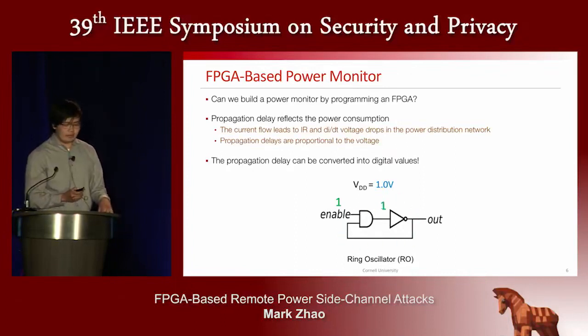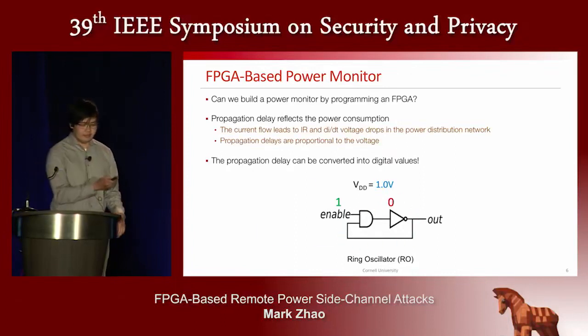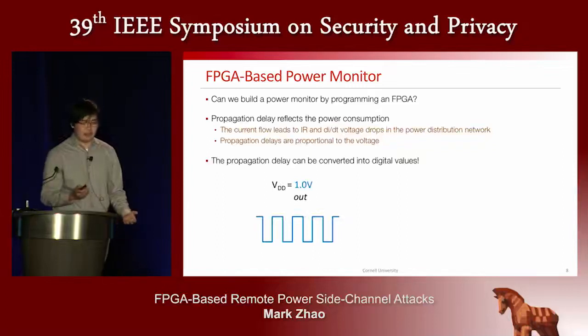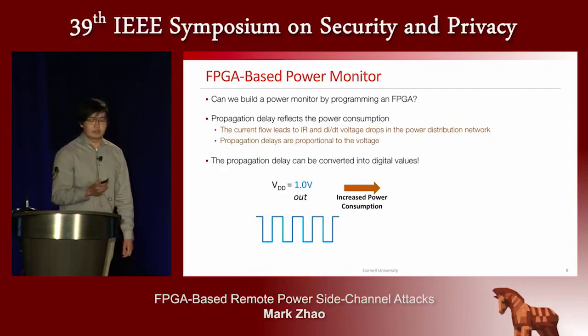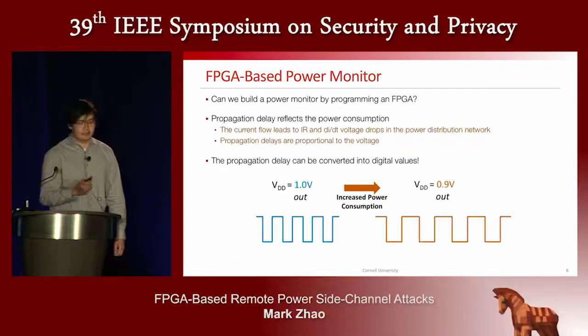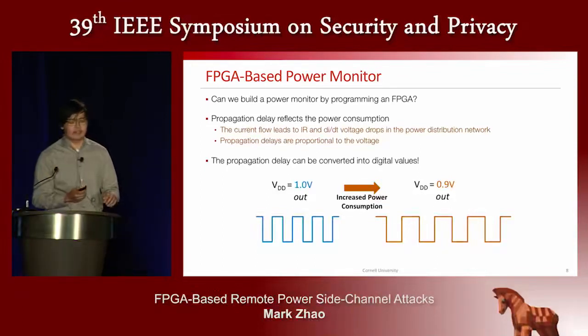So if we simply look at the output, it looks like a square wave. The insight is if there is more power consumption, this results in a reduction to the supply voltage. And in turn, this reduces how fast these ring oscillators oscillate, and it will look like the square wave to the right.